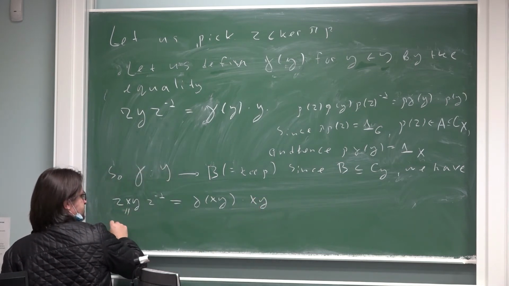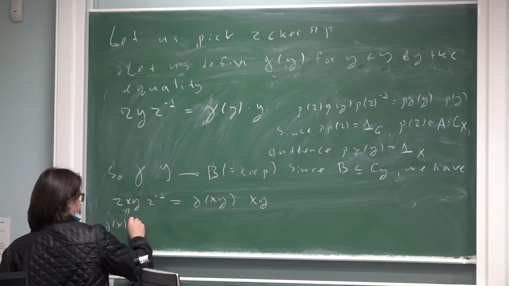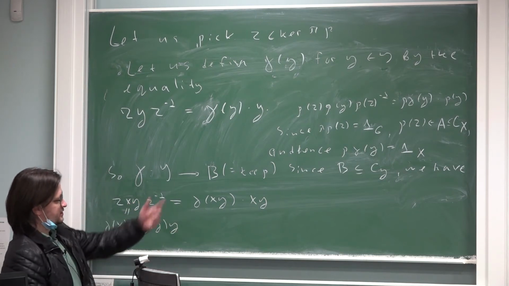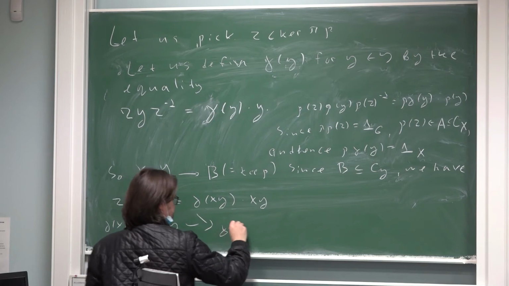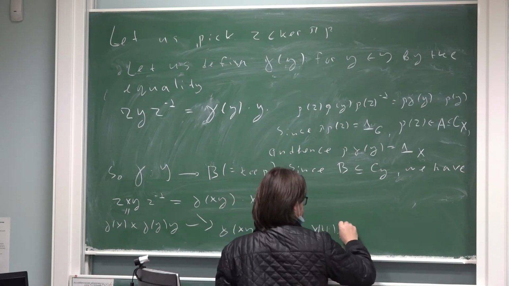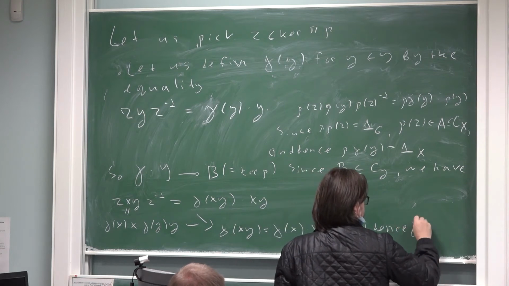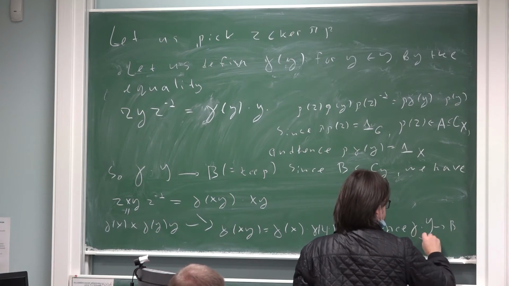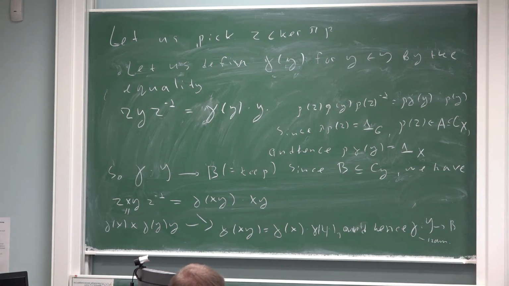And on the other hand, since the conjugation is a homomorphism, it is γ of x, γ of y, and since the image of γ is in B and B in the center, we can commute, and hence γ of xy is equal to γ of x, γ of y. Hence, γ is a homomorphism from Y to B.